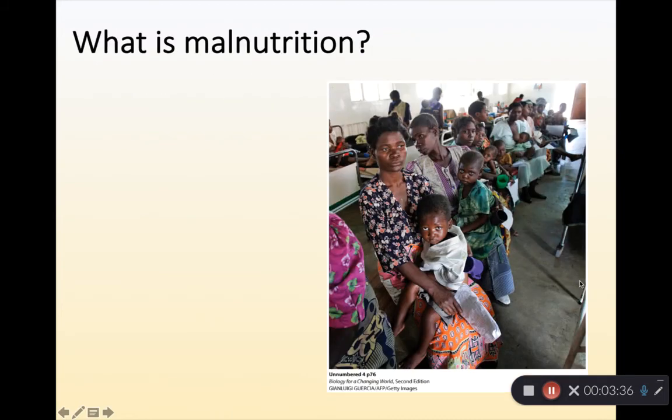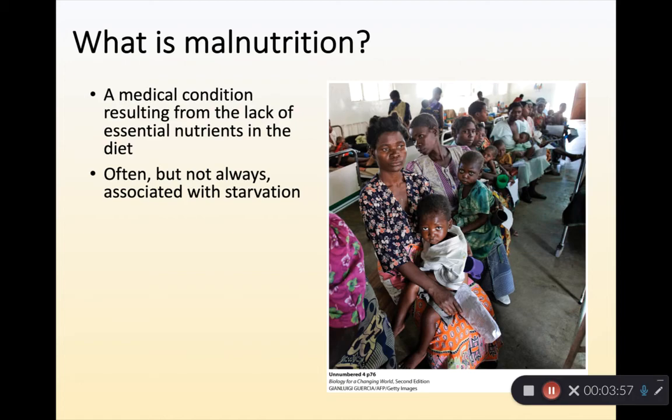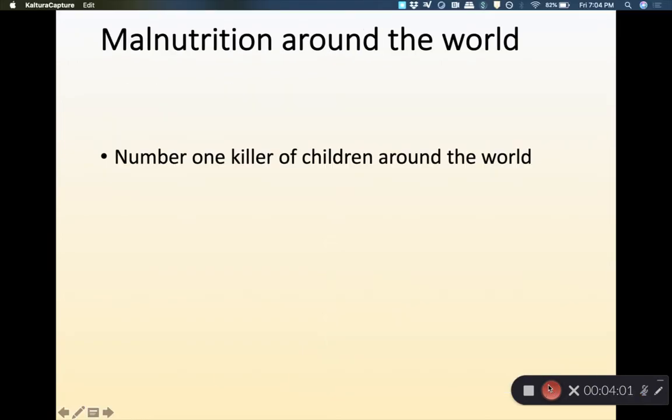So what specifically is malnutrition? It's a medical condition resulting from a lack of essential nutrients in the diet. And that's what we're going to be diving into: what precisely are essential nutrients and why does our body need them? This is often, but not always necessarily, associated with starvation, the lack of nutrients in food.